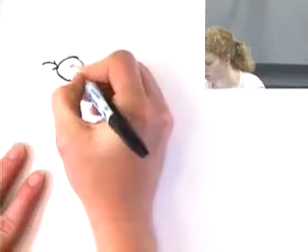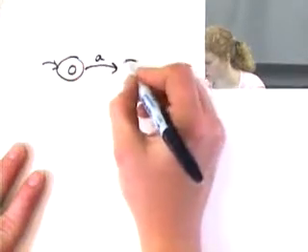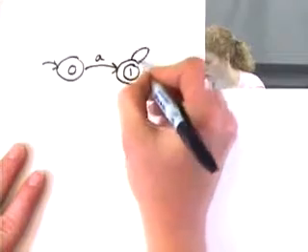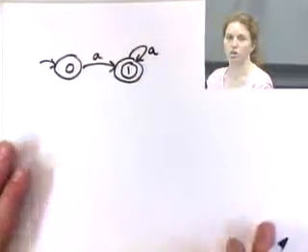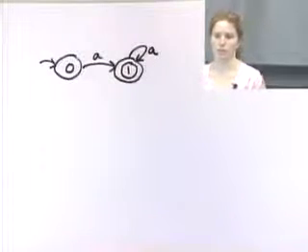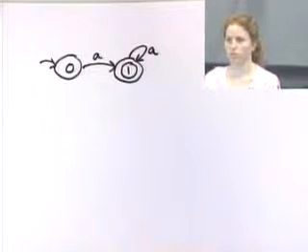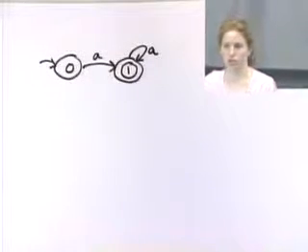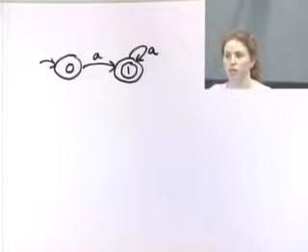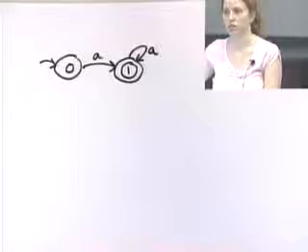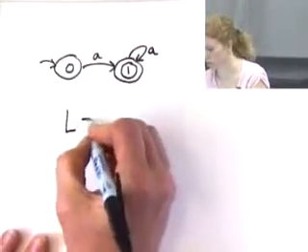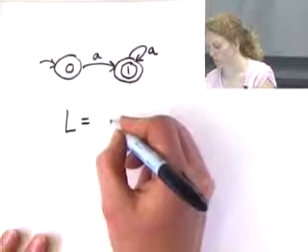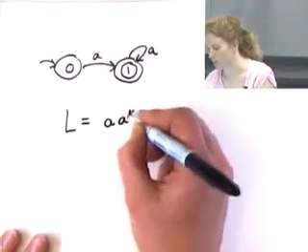Let's draw another one, very similar to that one. So here's another finite state machine. What's the language that this one accepts? A. A and AA and AAA, and any number of A's, right? So the language here is A followed by A star.